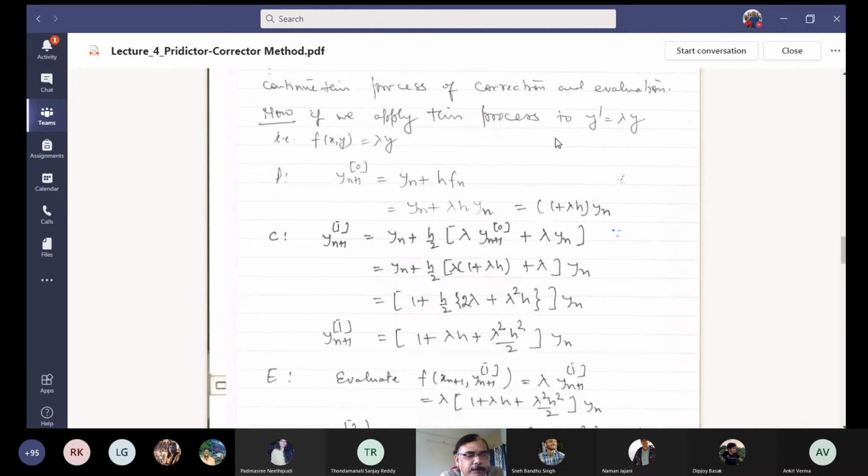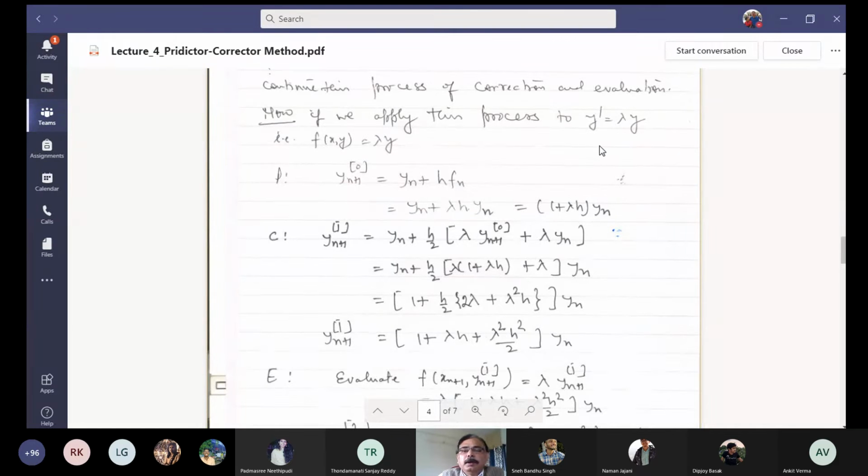Actually, you will see, once I start the stability part, that is another part. We'll use this problem y prime equal to lambda y, right? A linear problem with the parameter lambda, right? And we'll say that this is your test problem.